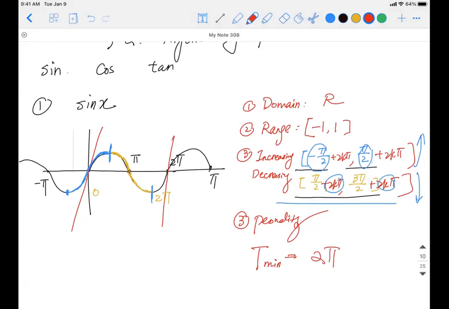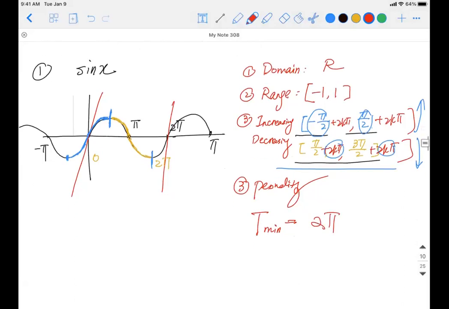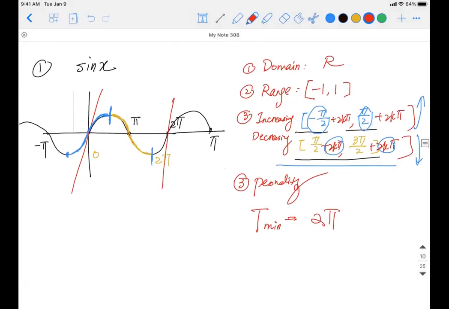So far, so good? So this is how sin x looks. And the last thing for sin x, after the domain, the range, increasing, decreasing, and periodicity, is the parity. Sin x is an odd function, right?